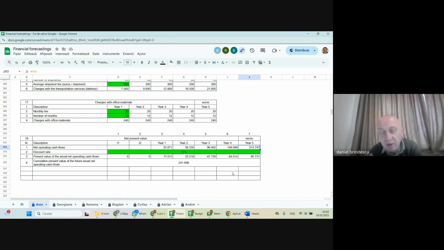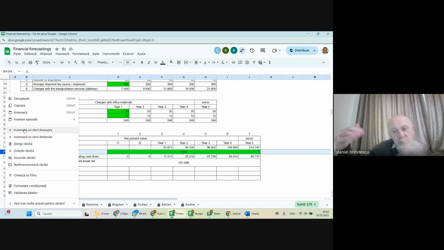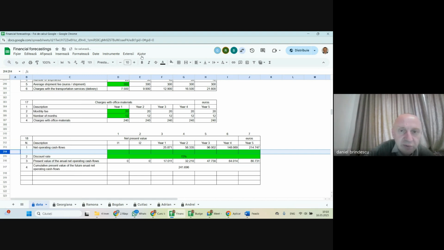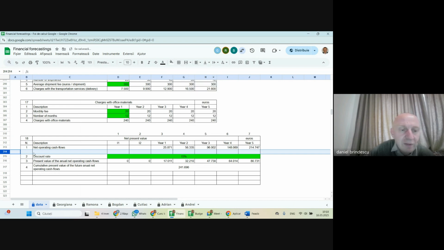Because there is a difference, a value at the end of the fifth year. So I want to add that to our calculation. So I'm going to insert here, after the net operating cash flows as a future result of the investment, what is called a residual value of the investment.